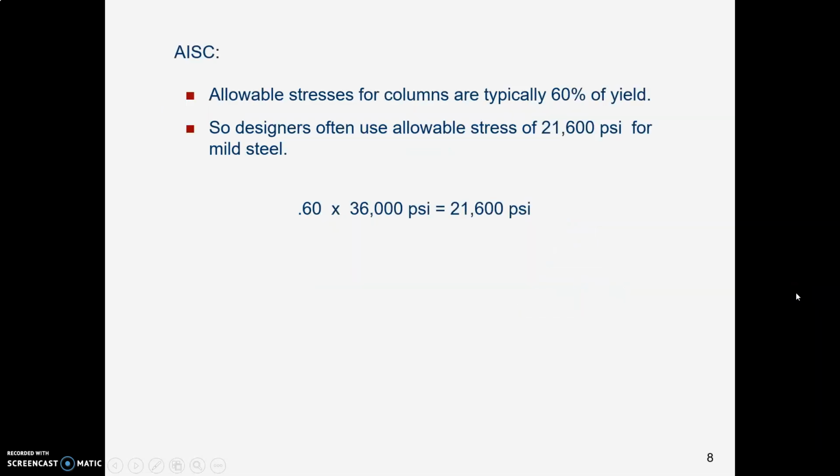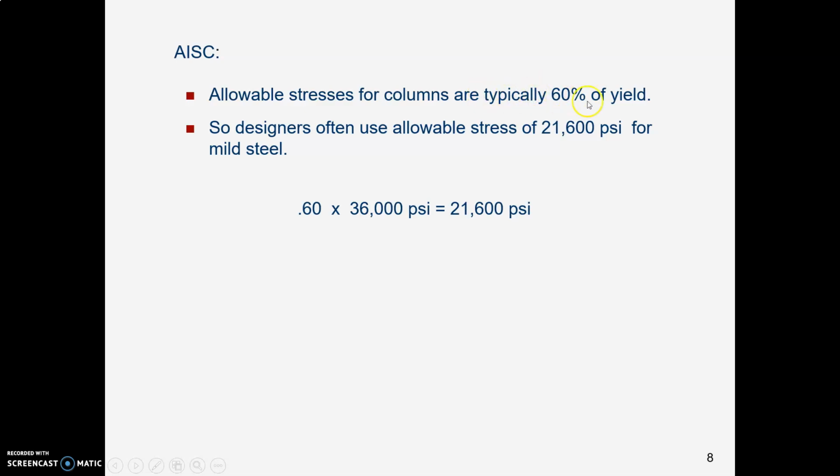I want to point out a number that you will encounter a lot if you're working with steel. In the AISC Manual of Steel Construction, which is all about designing with steel, they give an allowable stress, especially for columns, but often for beams too.